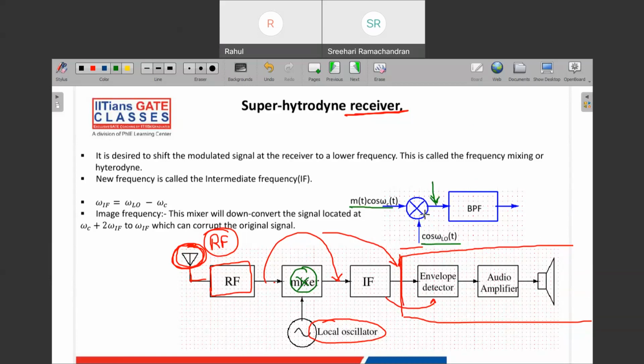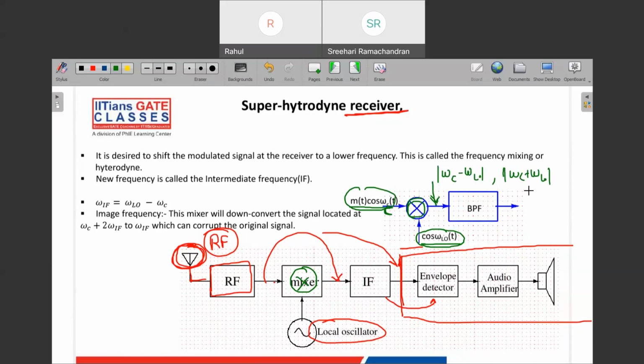One thing to notice here is that we have a local oscillator, and an input signal whose carrier frequency is omega_c. Once you down convert it with the help of this mixer, the signal will have the frequencies omega_c minus omega_LO, mod, and omega_c plus omega_LO, mod.